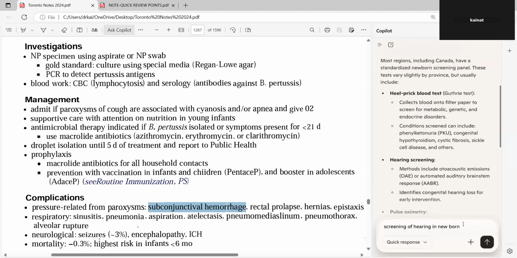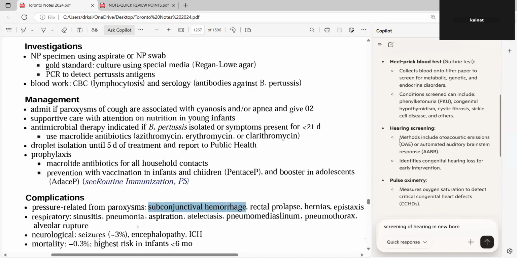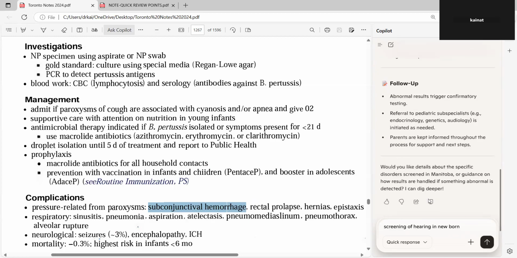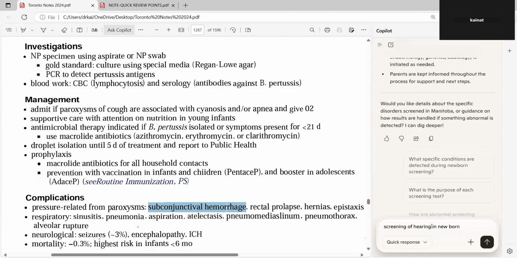But here it is: hearing screening is basically checking for otoacoustic emission or automated auditory brainstem response. So this is the name. Just write it down, highlight it. It's very important.